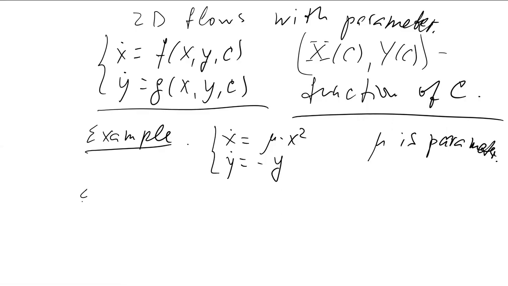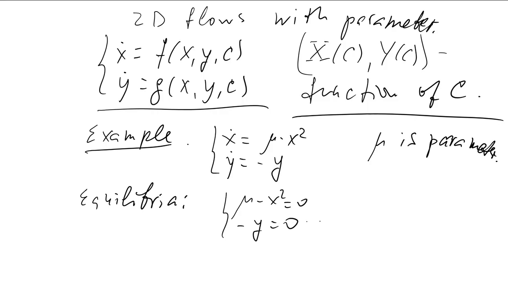So if we want to find the equilibrium, we look for roots of the algebraic system: mu minus x squared equals 0, minus y equals 0. So from here we get y is 0, and from here we get x1,2 equals plus minus square root of mu.